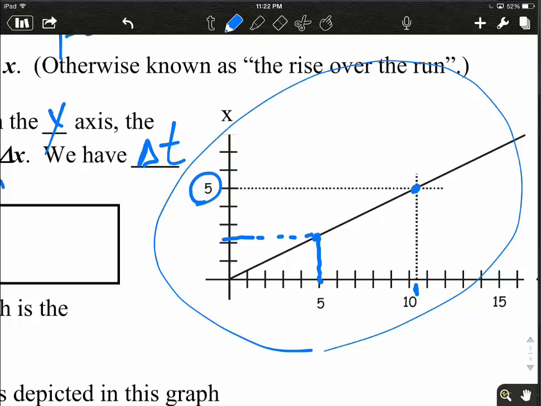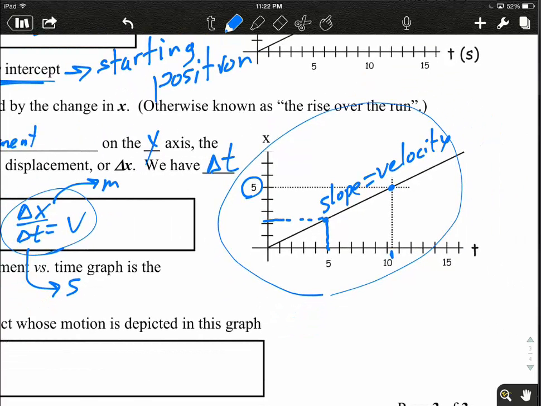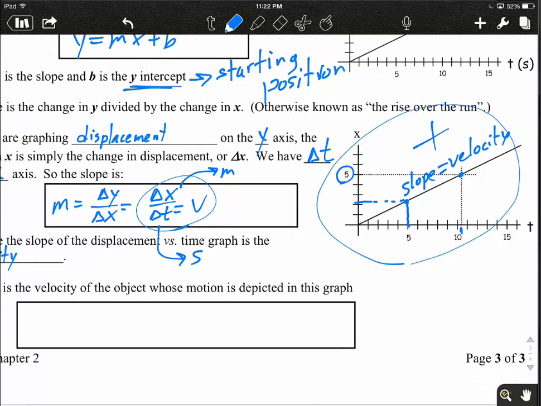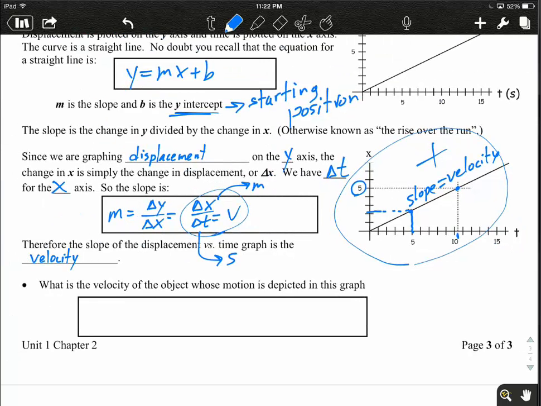If you find the slope of this line, you will find the velocity. And remember, the slope of this line is positive, so you know that the object has a positive velocity. Usually by a positive velocity, you can say it's moving to the right or it's moving up. And sometimes it's just really generic and you'll say away from the origin, because the origin is 0 meters.